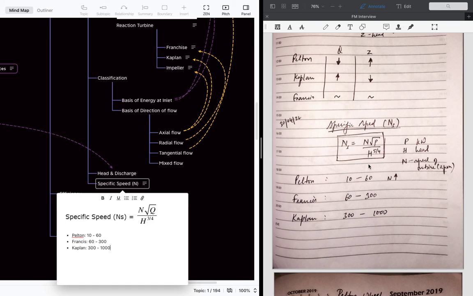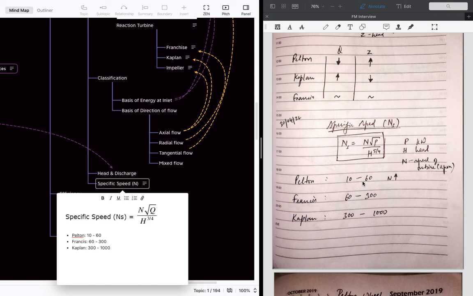Okay, so if you know the RPM, the power, and the head, using these values we can decide the turbine using the specific speed. If we have some specific speed value, then with that value we can match it with this range and we can use the turbines.